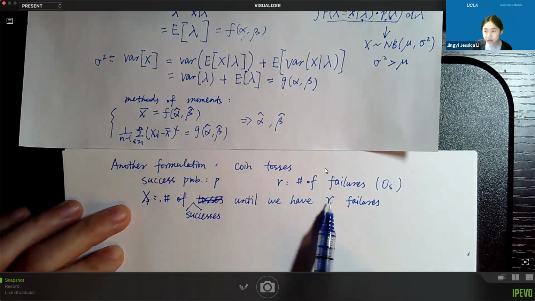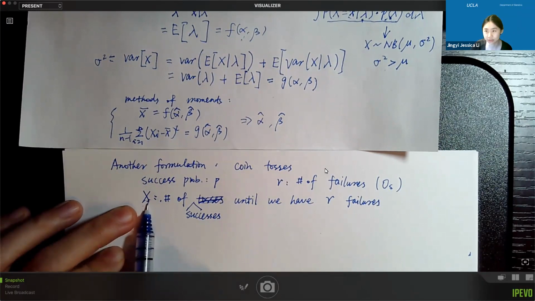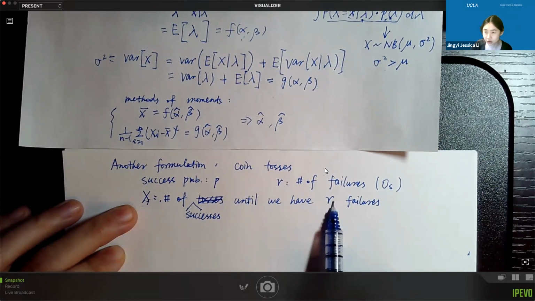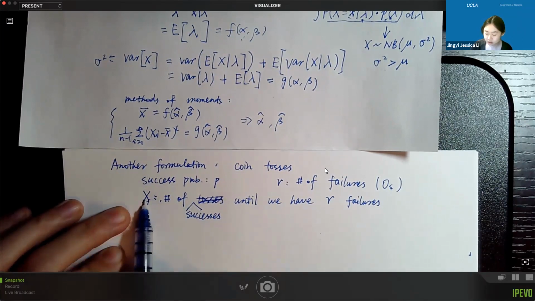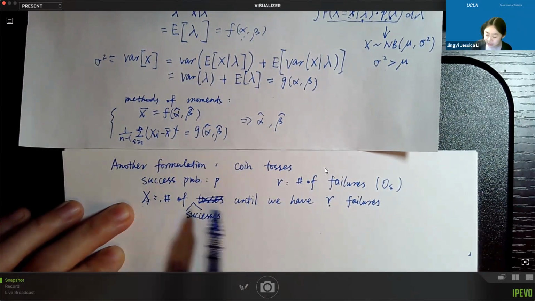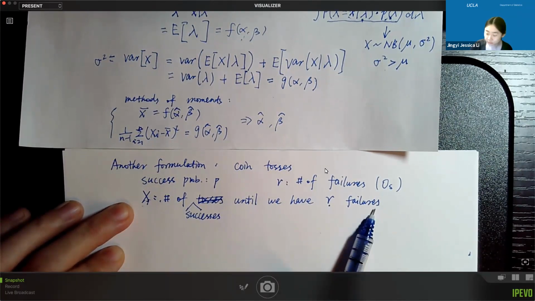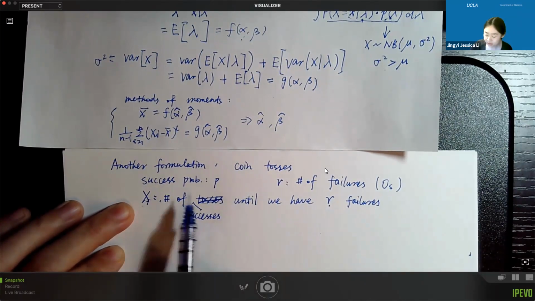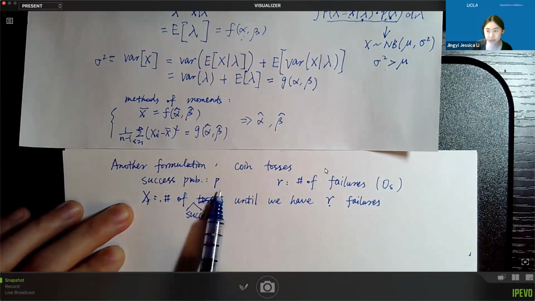So you see how this R is going to play a role in our distribution of X. The larger the R, the more likely X is going to take a large value. If R is set to 1,000, then you need to wait a long time to really get R failures. Another thing that will determine X is P, right?